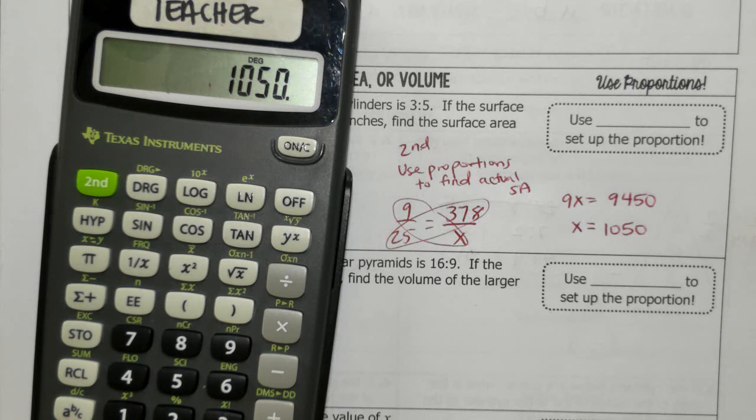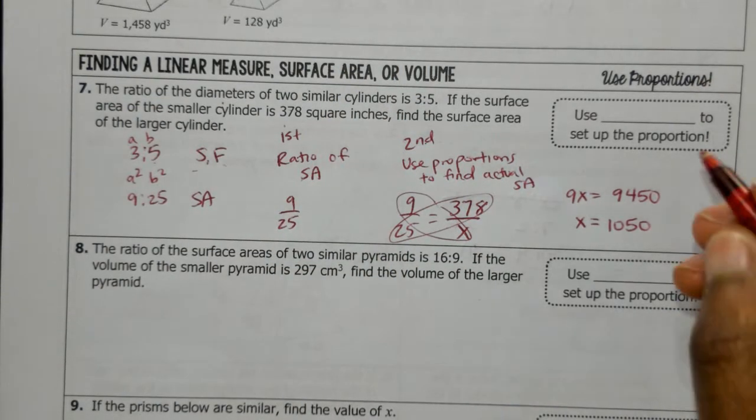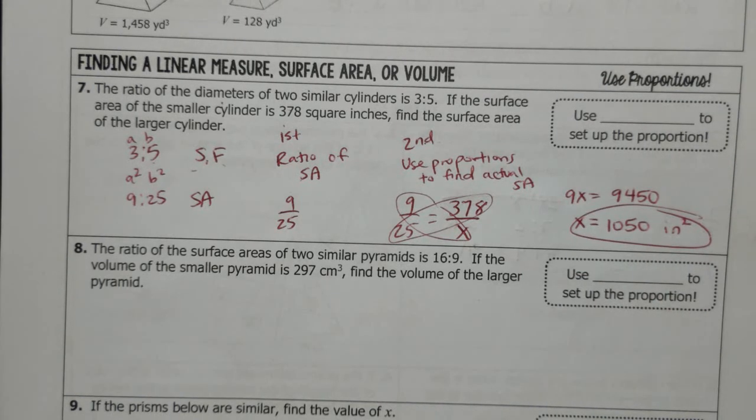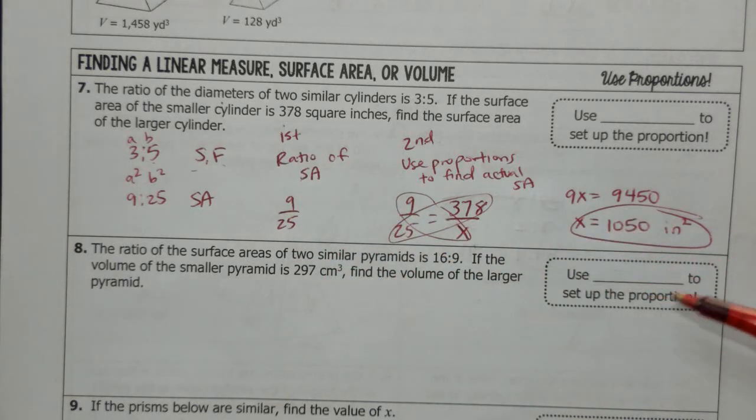Okay, so 1050 would be the surface area of the larger cylinder in square inches. You can kind of know if you did the setup for this right is if your larger cylinder's surface area is larger. It should be larger if it's the larger cylinder.